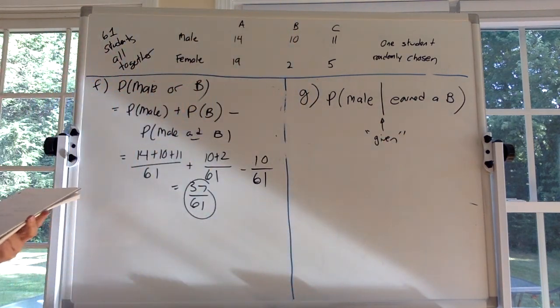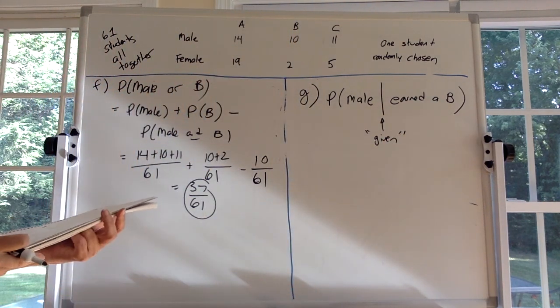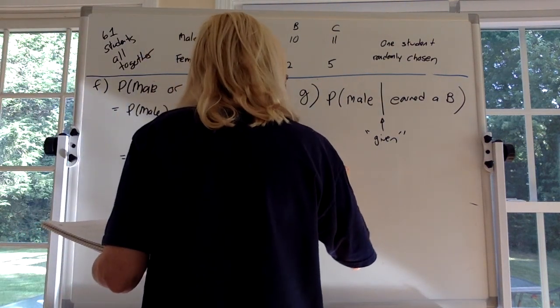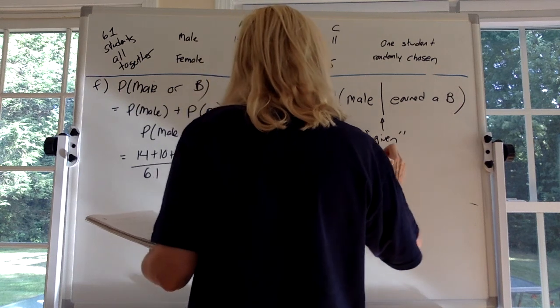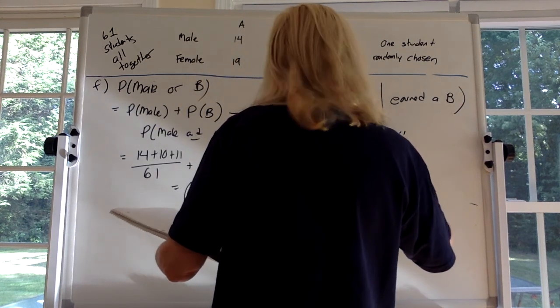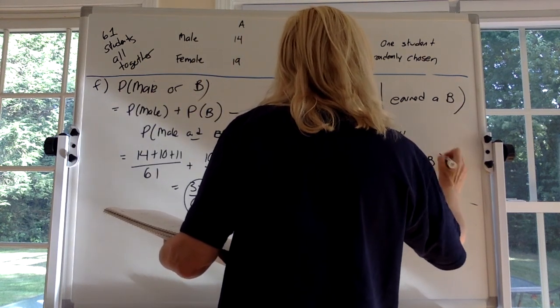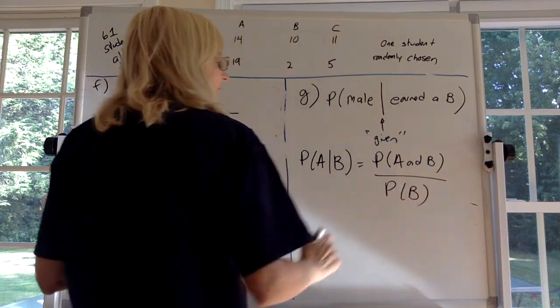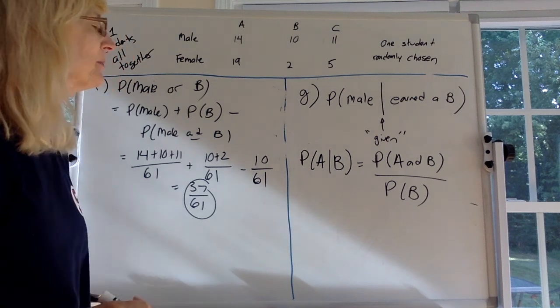They want the probability you pick a male given he earned a B. There's a formula for that, of course.